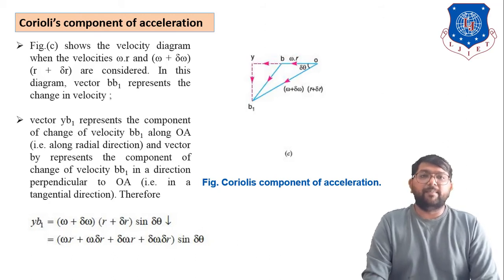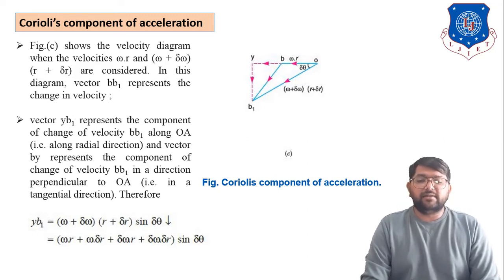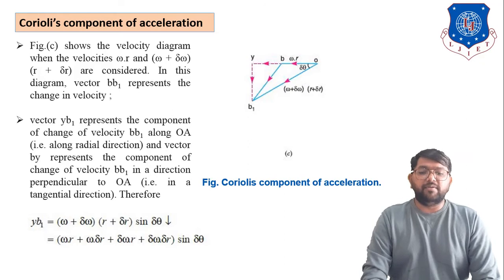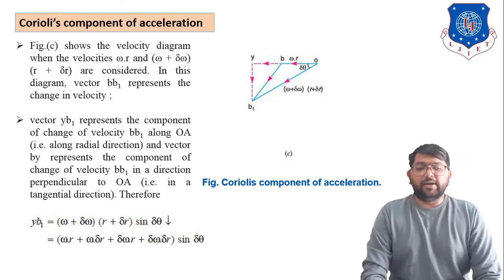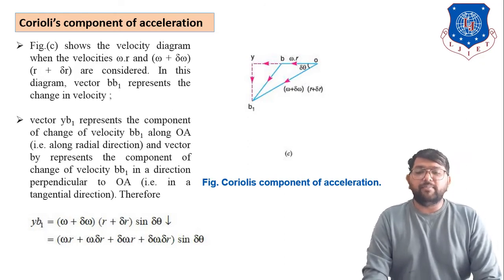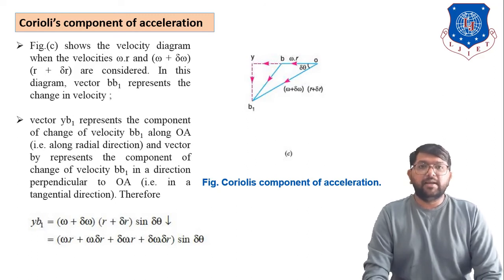This is diagram number C. For Coriolis component of acceleration, there are 3 diagrams. Vector yb1 represents the component of change of velocity bb1 along OA, along radial direction, and vector by represents the component of change of velocity bb1 in direction perpendicular to OA, that is in a tangential direction.